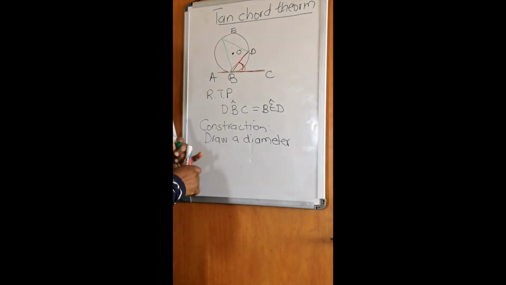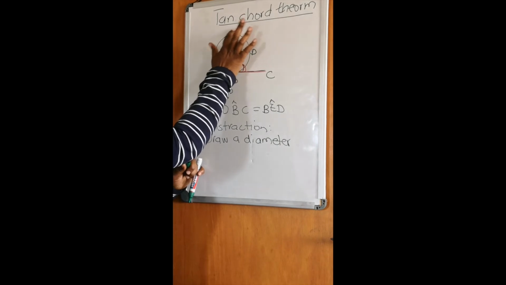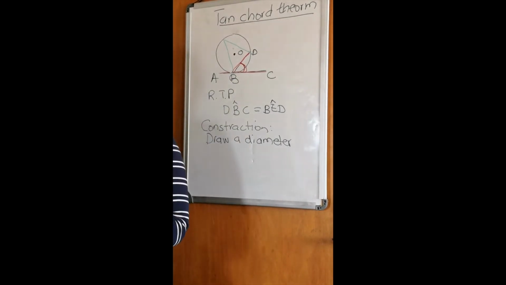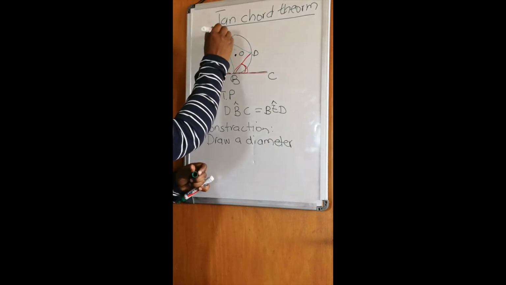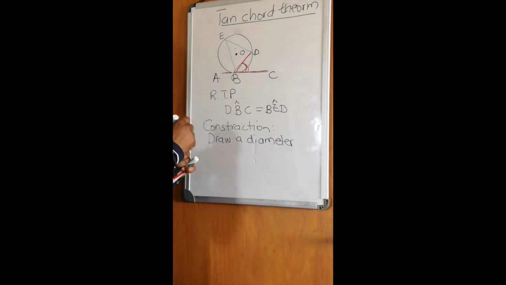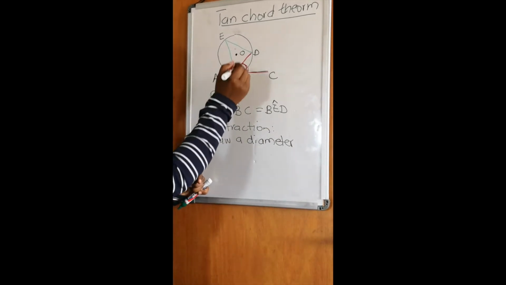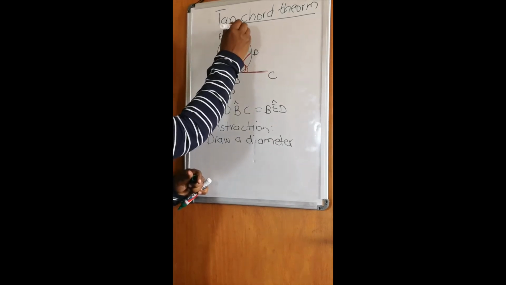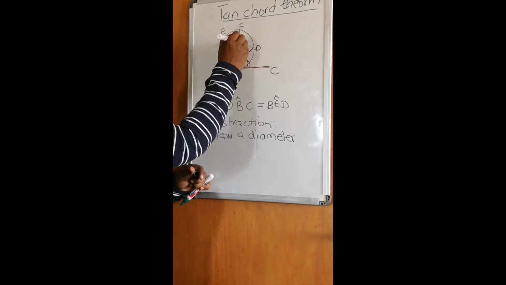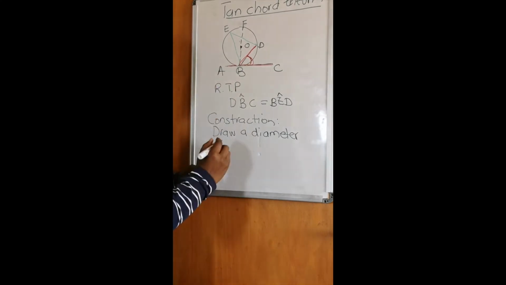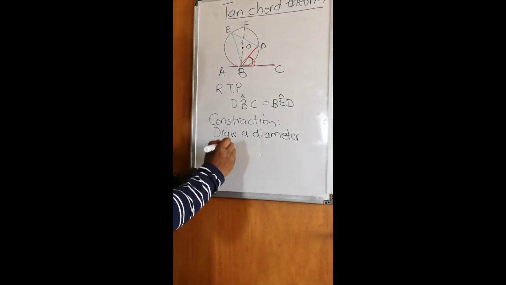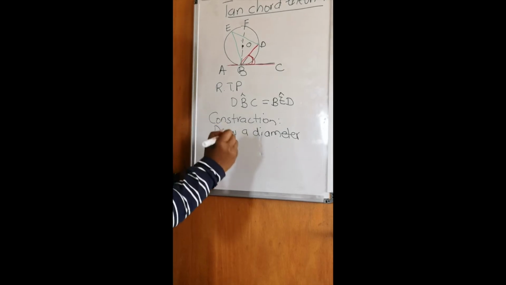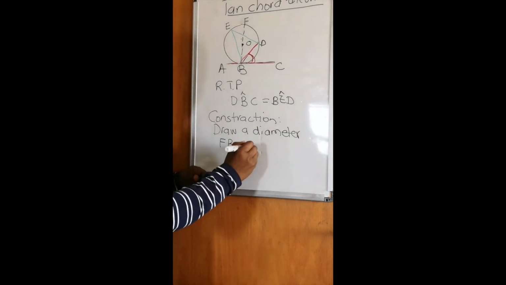Let's move E a bit so that you can see my diameter properly. I'm going to construct my diameter. I have A, B, C, I'm going to go to F. Then my diameter is from F to B.